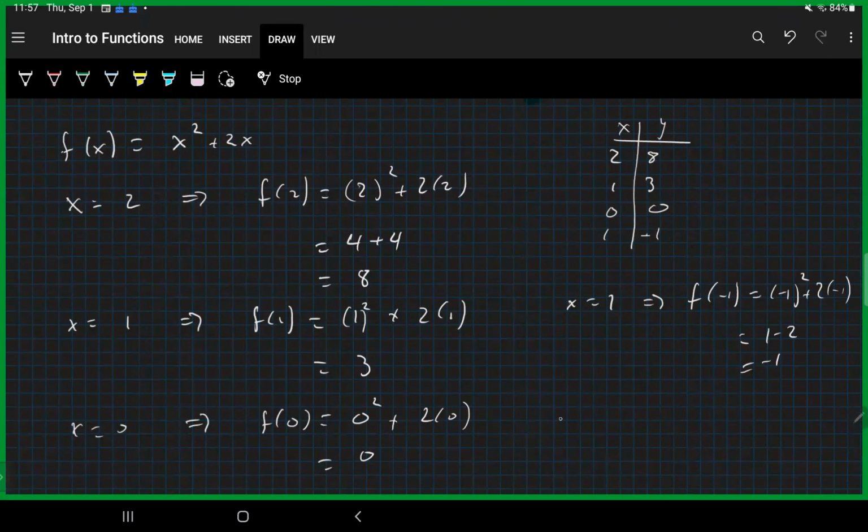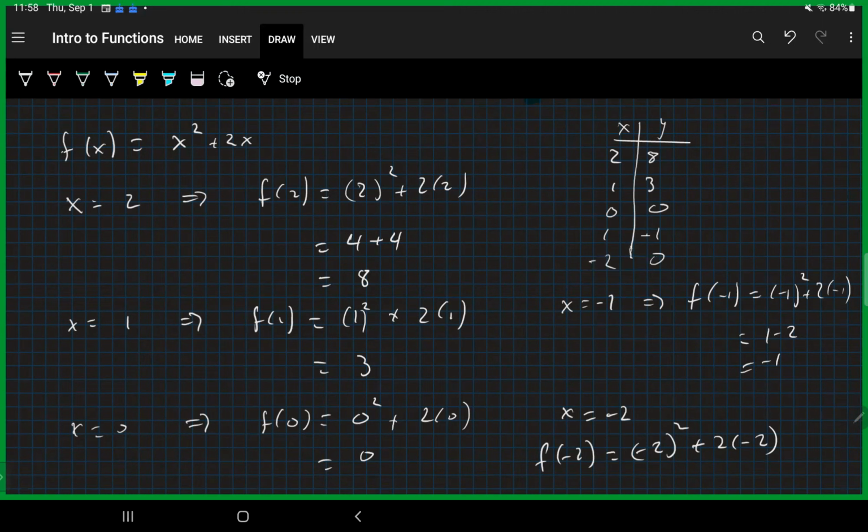And finally, I didn't write that -1 there correctly. I apologize. That's x equals -1 and then -2 if we didn't see that coming. F of -2 is -2 squared plus 2 times -2. That's going to be a positive 4 minus 4, and I'm going to get 0. So -2 goes to 0.